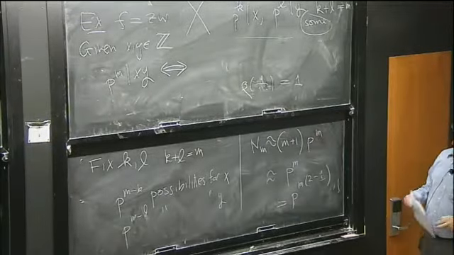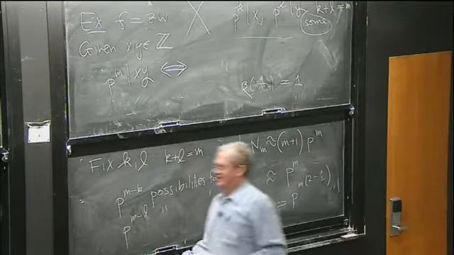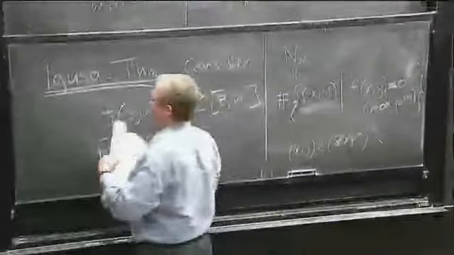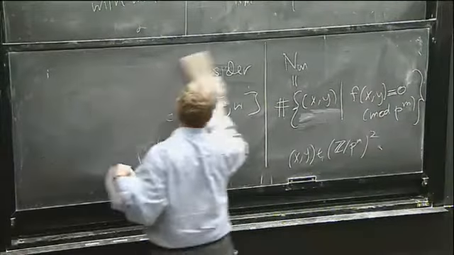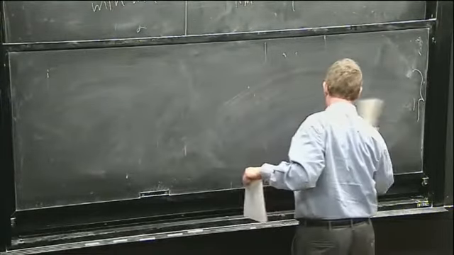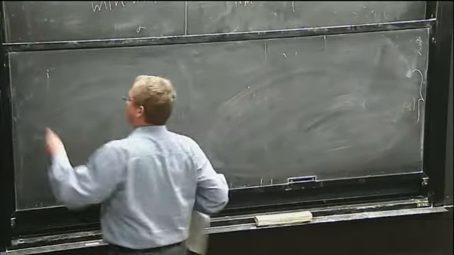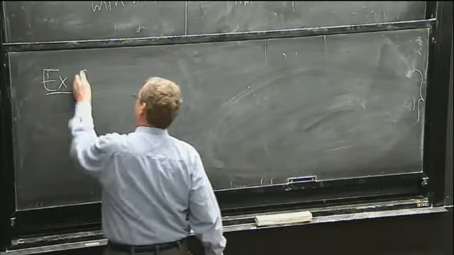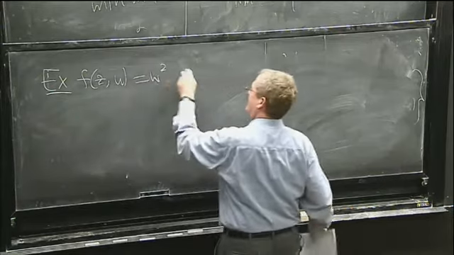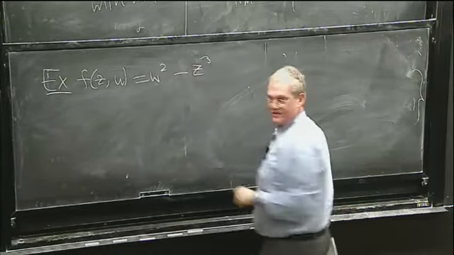OK, so let's do the cusp. Let's see what happens if we do a cusp. So let's take f of z, w equals w squared minus z cubed, and let's count the number of solutions to this.